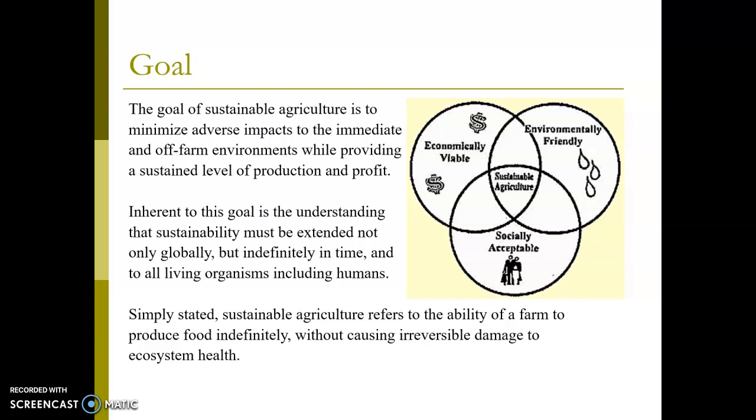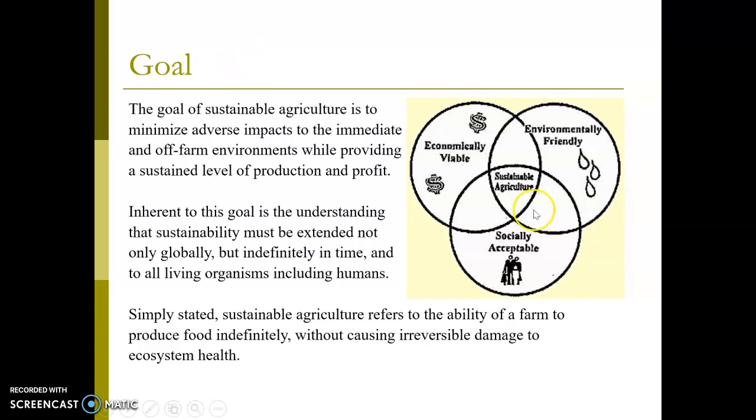Inherent to this goal is the understanding that sustainability must be extended not only globally but indefinitely in time and to all living organisms including humans. Simply stated, sustainable agriculture refers to the ability of a farm to produce food indefinitely without causing irreversible damage to ecosystem health.